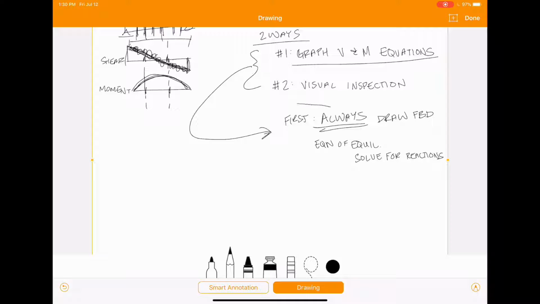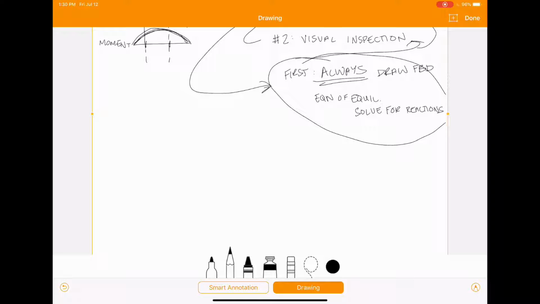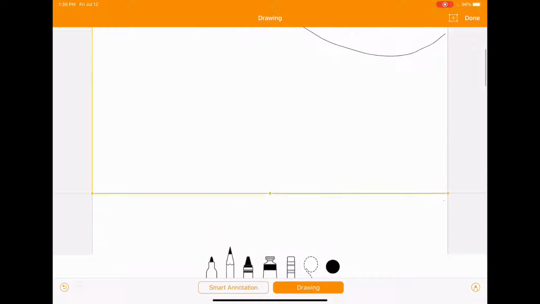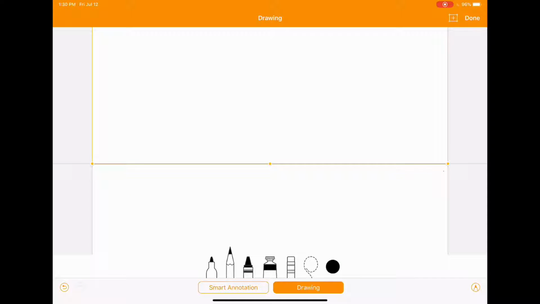Then once you do this, you can decide which method you want to use to draw your shear and moment diagrams. In this video, we're going to go over an example of both ways. So let's go ahead and start with our first example.